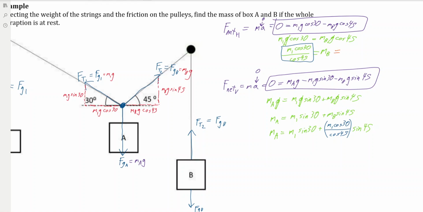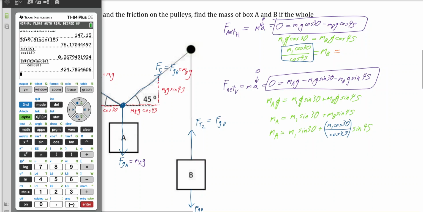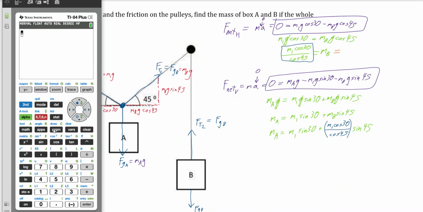Because M1 was just 1, we can just ignore it and calculate. So we get cos 30 over cos 45 for our first one, and we also get sine 30 plus cos 30 over cos 45 times sine 45.